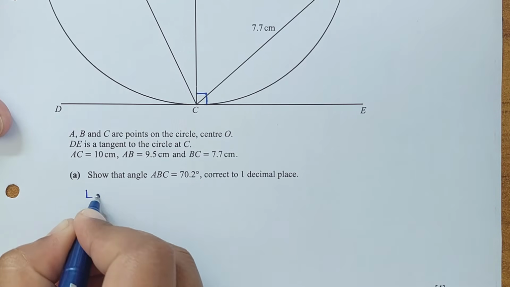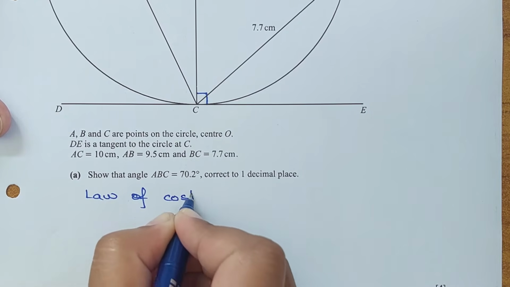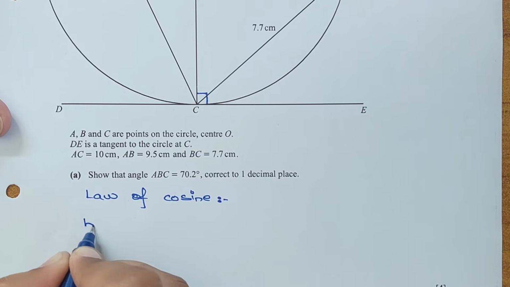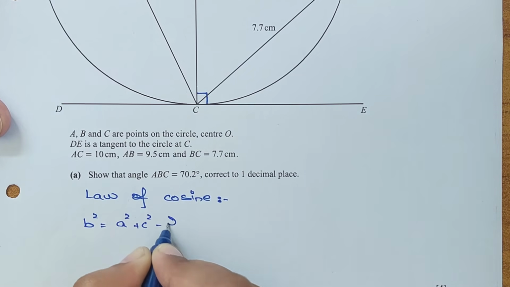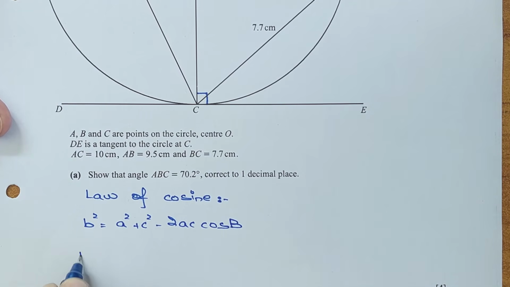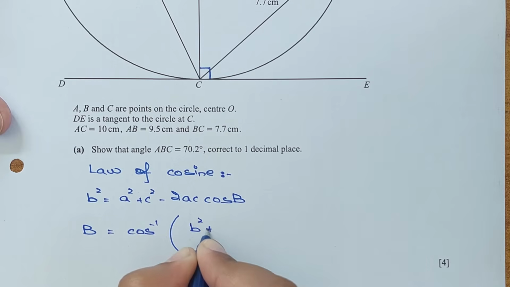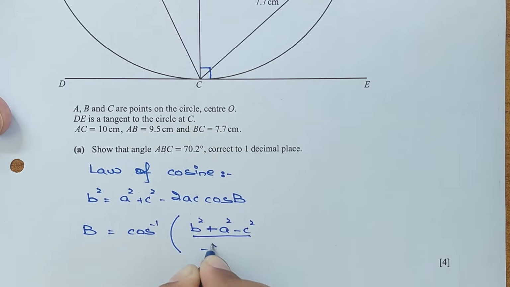B squared equals A squared plus C squared minus 2AC cos of angle B. And to solve for B, we have to do cos inverse of (B squared minus A squared minus C squared) divided by minus 2AC.